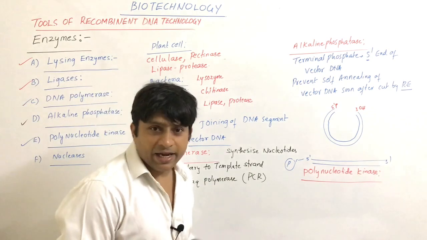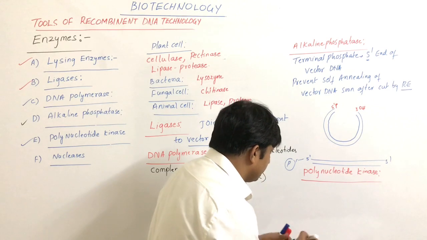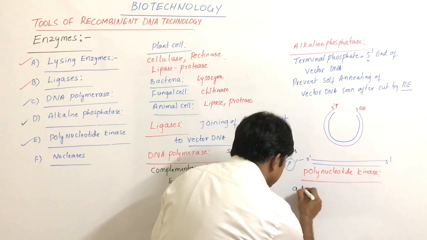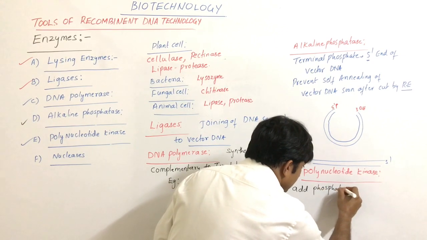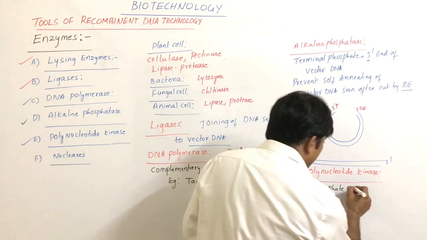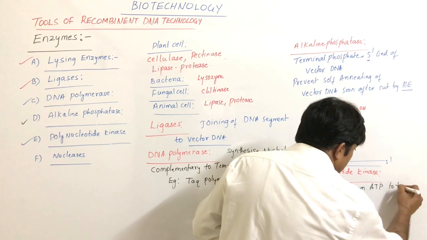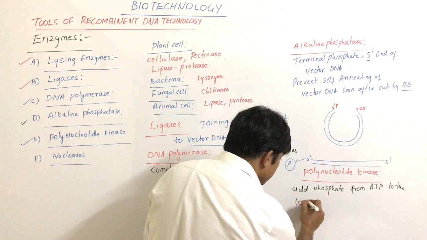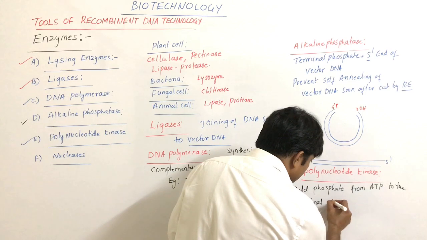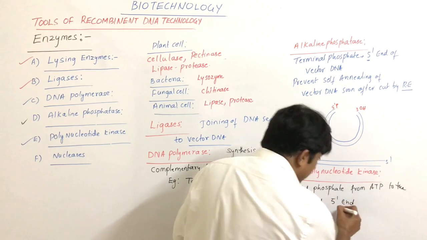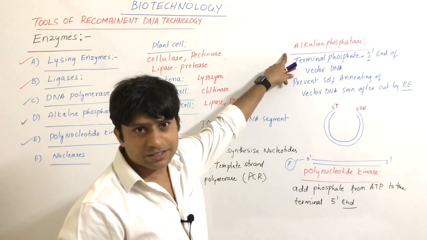So polynucleotide kinase adds phosphate from ATP to the terminal 5' end after dephosphorylation by alkaline phosphatase.